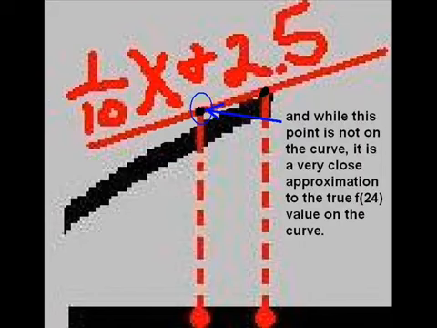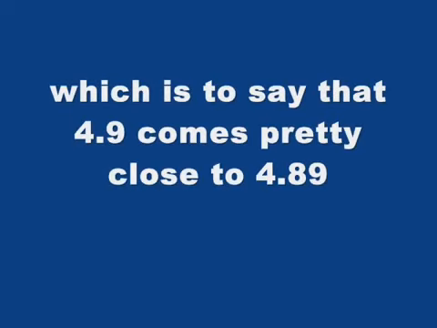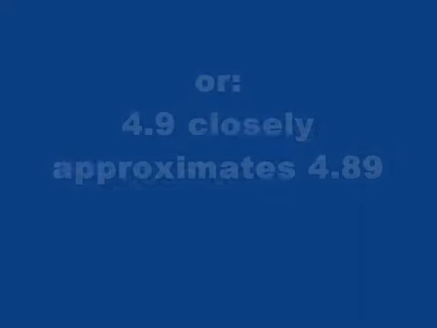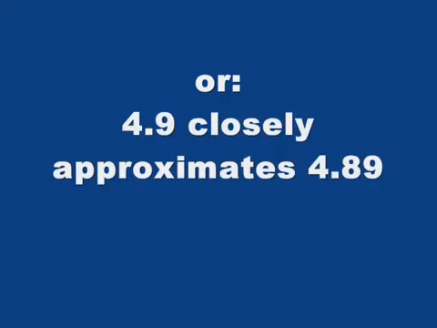And while this point is not on the curve, it is a very close approximation to the true f of 24 value that is on the curve, which is to say that 4.9 comes pretty close to 4.89, or 4.9 closely approximates 4.89.